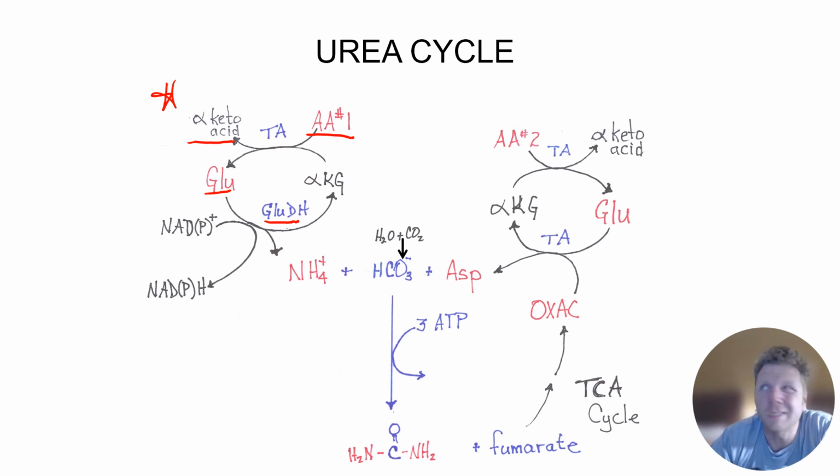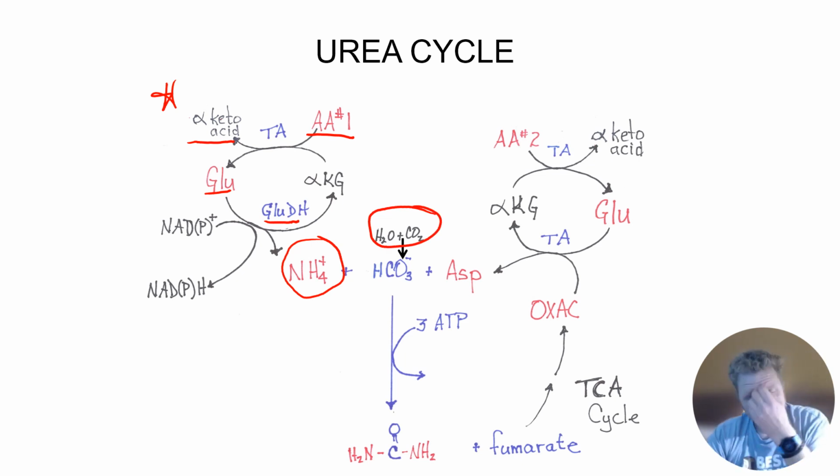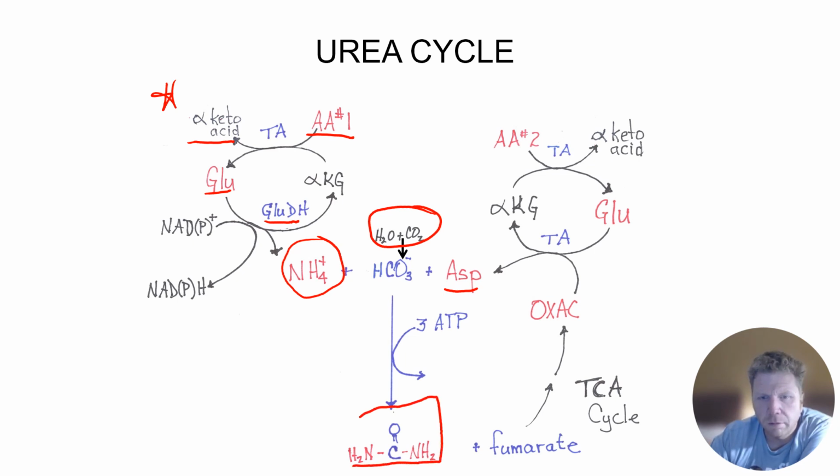If there's one enzyme that's super important for the urea cycle, it's glutamate dehydrogenase, because that's going to get our nitrogen into the mitochondria. That NH3 is going to react with HCO3-, which is a product of carbonic anhydrase, H2O and CO2. That is going to then, with the help of aspartate, give us our urea.